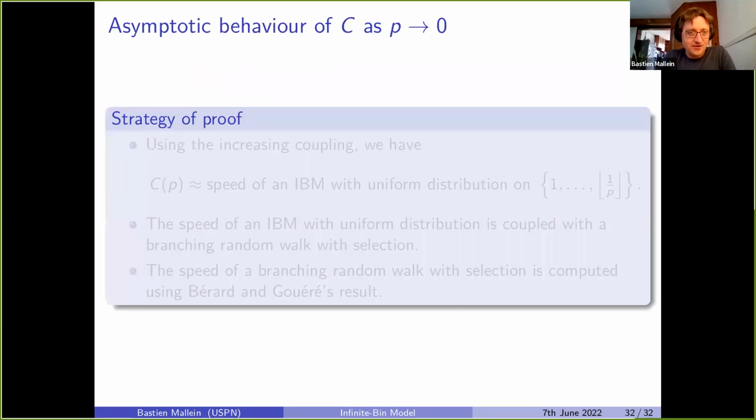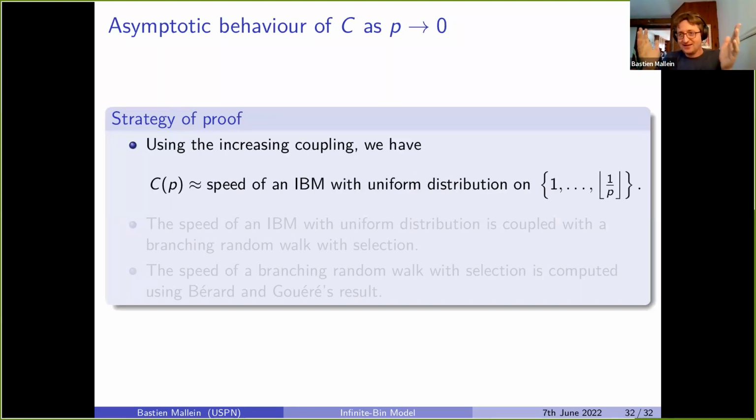Yeah, okay. It's very quick, but the idea is that when you look at the geometric distribution with very small parameter p, if you concentrate on the beginning of the sequence, this sequence starts to look like a uniform distribution of a number between 1 and the integer part of 1 over p.